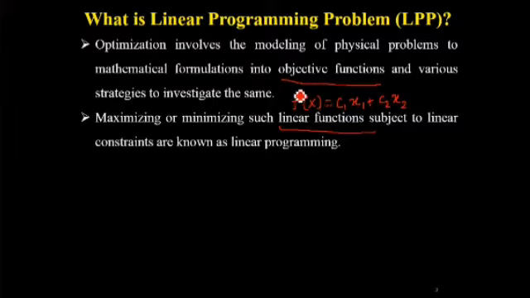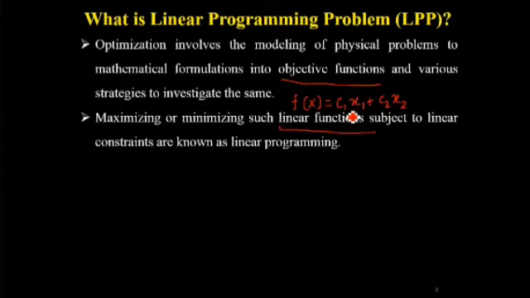So the objective of the programming problem will be f of x equals c1 x1 plus c2 x2 and so on, if I am taking two variables. Here c1, c2 are constants, a constant value like 2, 3, 4, and x1, x2 are the variables, the field variables we had discussed.